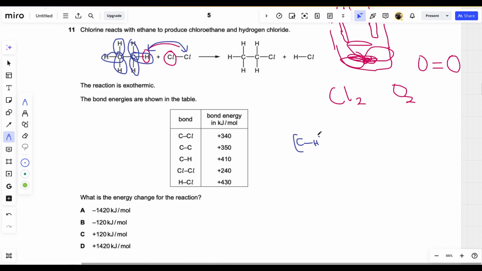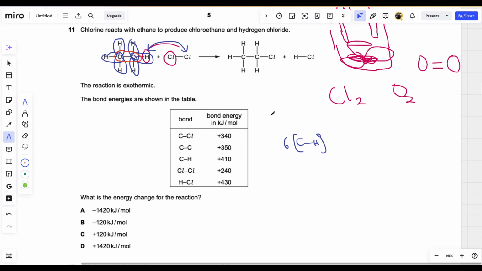So we want to calculate energy in, then we calculate energy out. Energy in is the total energy in the reactant, energy out is the total energy in the product. So in here we have 6 C-H. And then we have C-C, which is a different one. Don't forget that there is a carbon to carbon bond here in the middle.